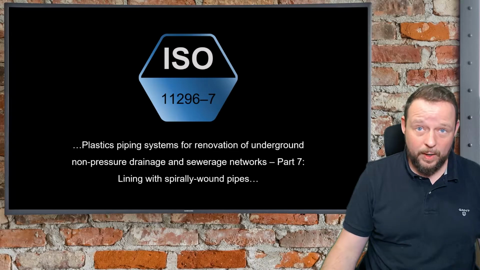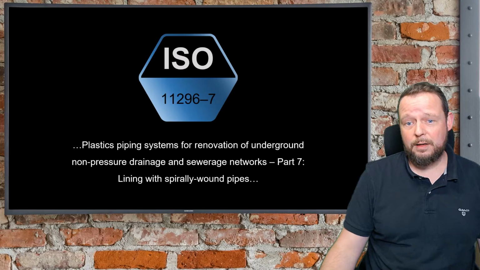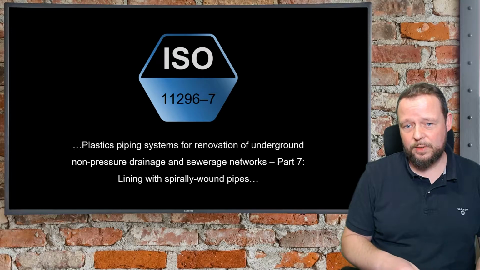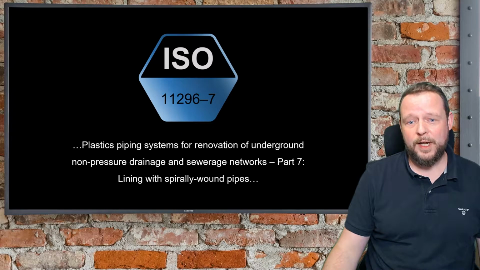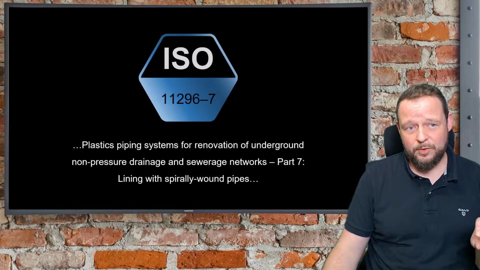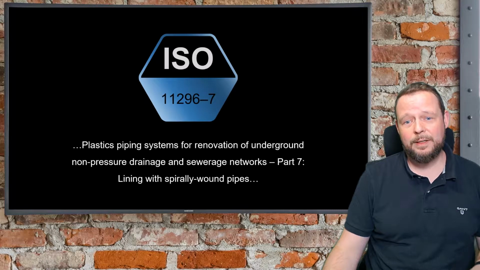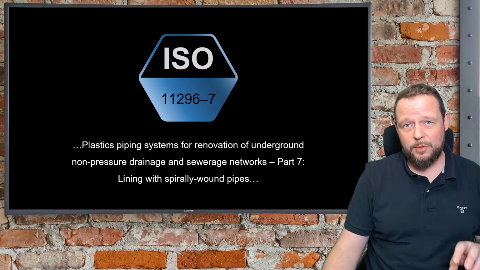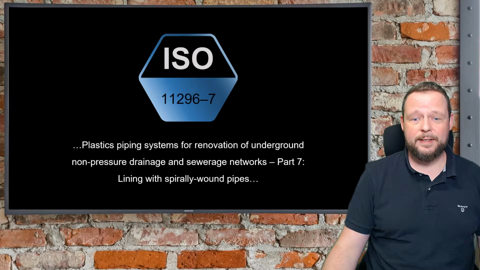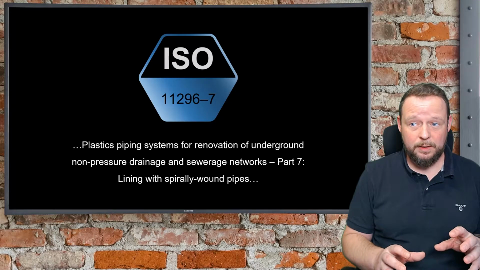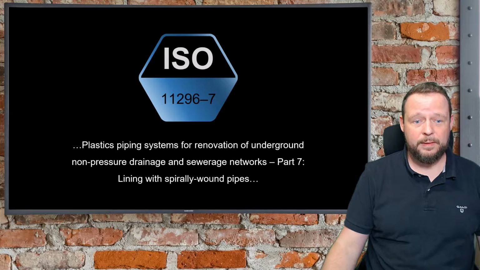It also describes the installation methods and how to reconnect, for example, to laterals and manholes, as well as the quality management and the documentation. The ISO 11296 Part 7 only covers SWO technologies where the strength of the installed system comes from the plastic pipe only, so only from the plastic profile.